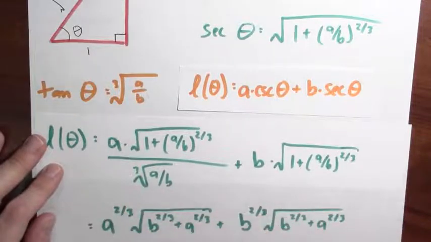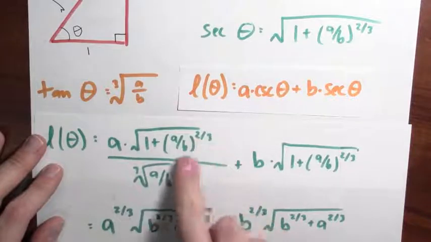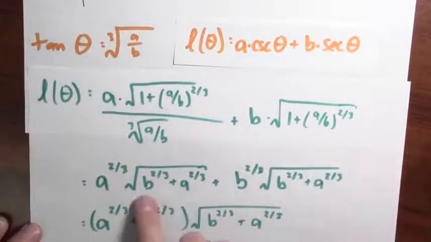And now it's beginning to look a little bit more symmetric, right? I took the a and the cube root of a, and that gave me the a to the 2/3. And by putting a b to the 2/3 inside here, I made this look a lot nicer. Okay. Now I've got a common factor of the square root of b to the 2/3 plus a to the 2/3 here, and I can collect that out.